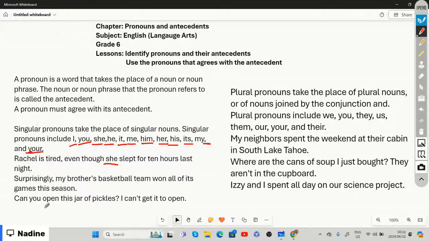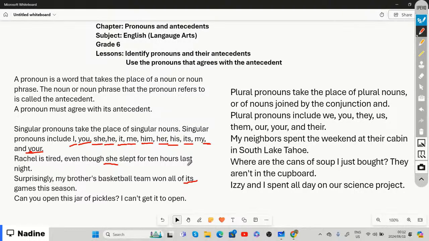And then, surprisingly, my brother's basketball team won all of its games this season. And its is our pronoun.